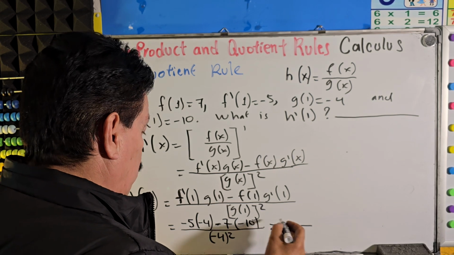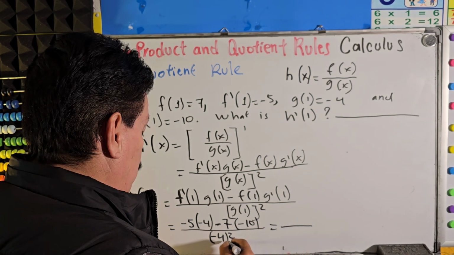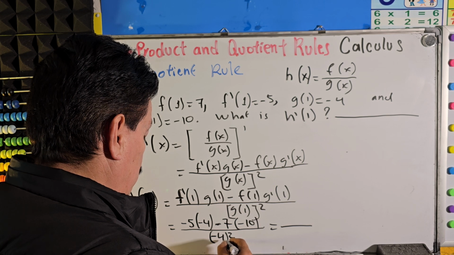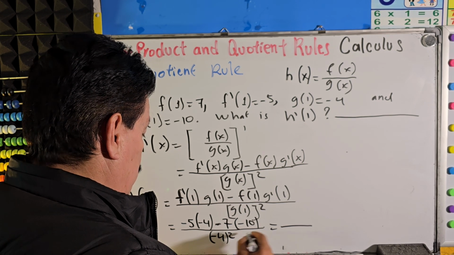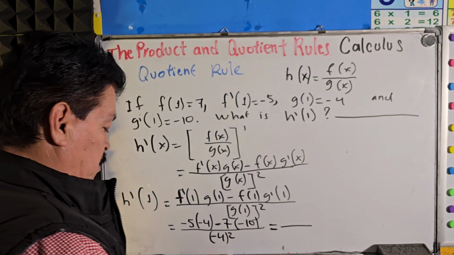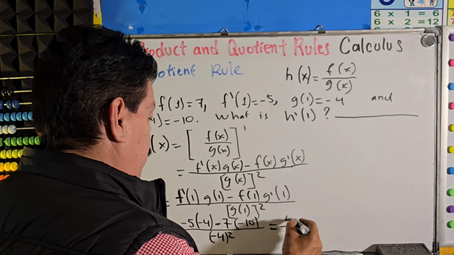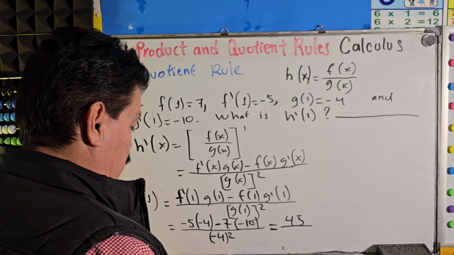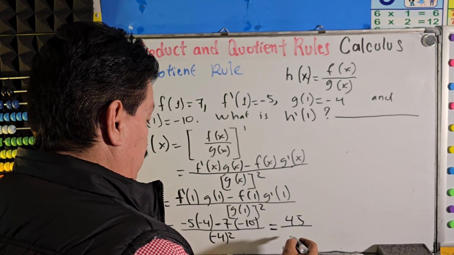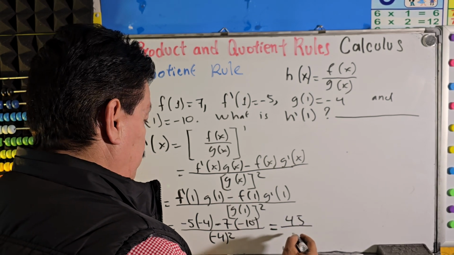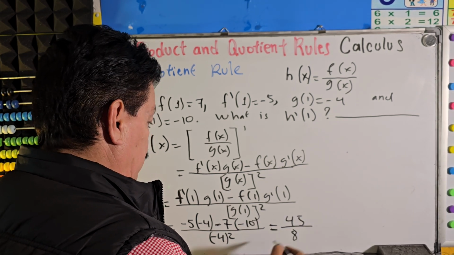We're talking about the derivatives, okay? On the top, we will have 45, and the bottom we will simplify. See, simplify, reduce, all right? It's 8.